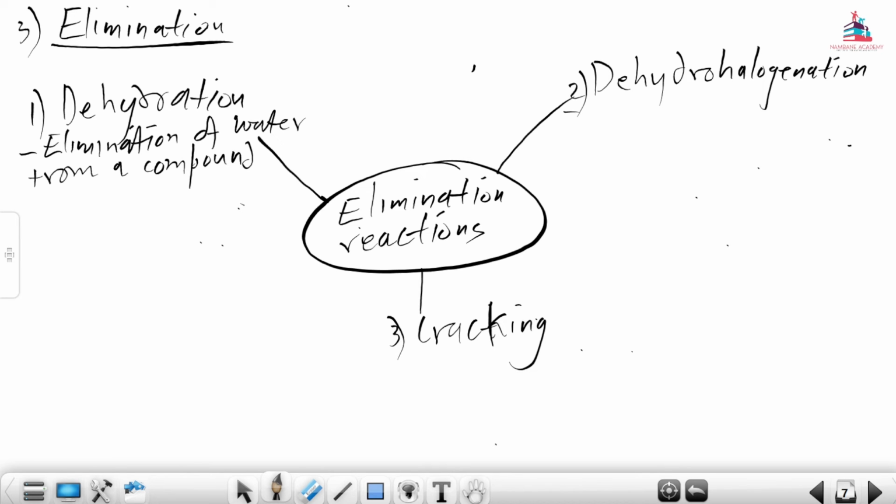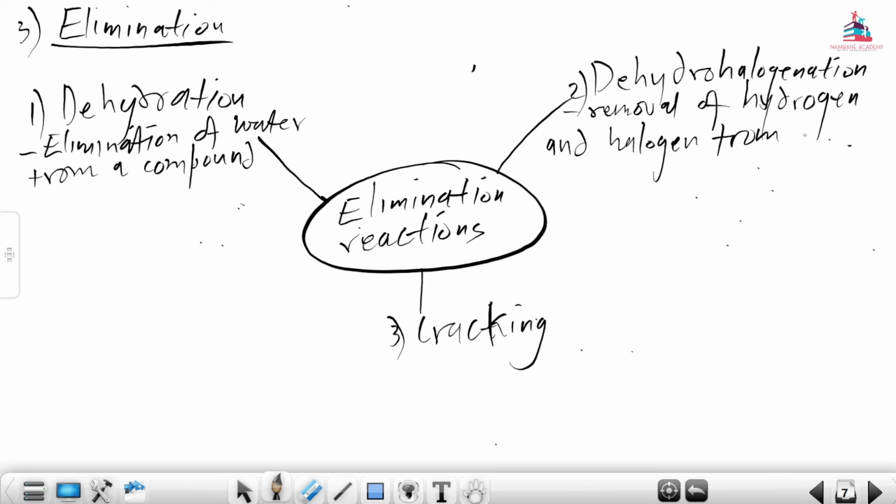Then we have dehydrohalogenation, elimination of hydrogen and a halogen. So removal of hydrogen and halogen from a haloalkane.